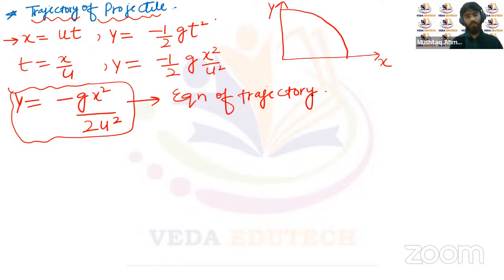We can see that the coefficient of x square is negative. We can say that if the coefficient of x square is negative, then it's always going to be a downward parabola. So once again it's a downward parabola, concave downwards.